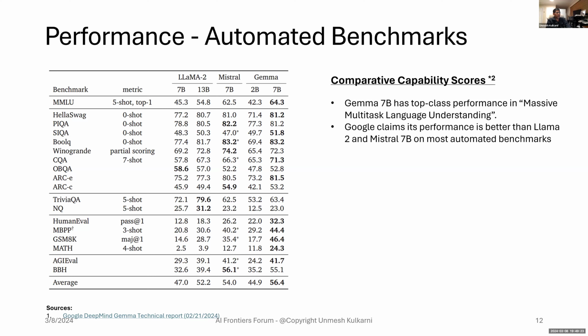And also HellaSwag, which is reasoning, and it has also done really well. So according to Google, the Gemma 7B outperforms Mistral on most parameters and Llama 2 on pretty much everything except the TriviaQA and NQ few-shot learning benchmarks.